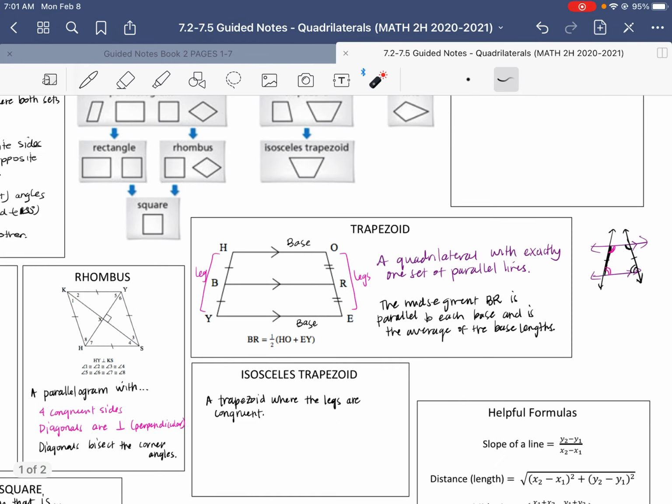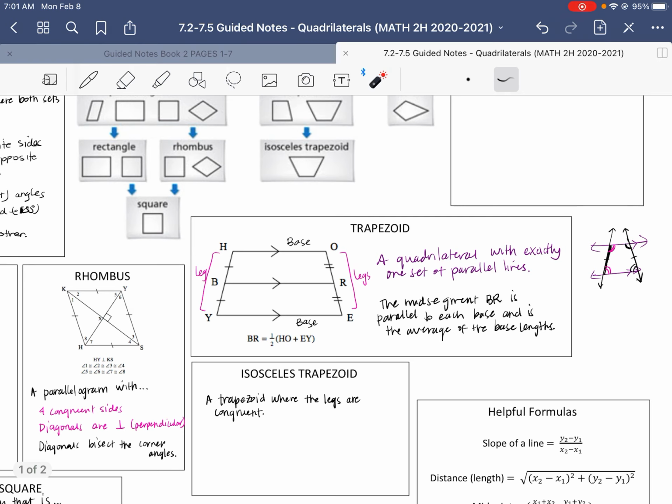Okay, again, an isosceles trapezoid is just a little bit more specific. This is where the legs are actually congruent, and when the legs are congruent, I should have written this in as well, each pair of base angles, so the upper ones and the lower ones, like I drew in my diagram, is also congruent.